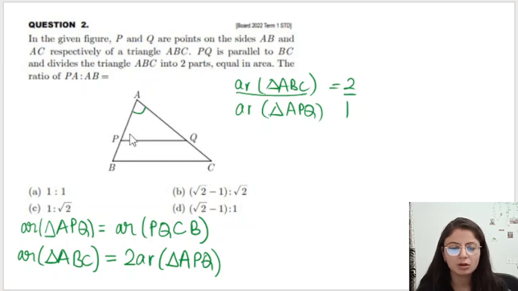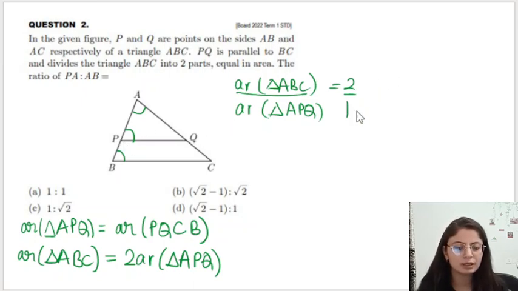Also angle P equals angle B, because it's given that PQ is parallel to BC and AB is a transversal, so angle P and angle B form a pair of corresponding angles. So using AA similarity, these two triangles are similar.